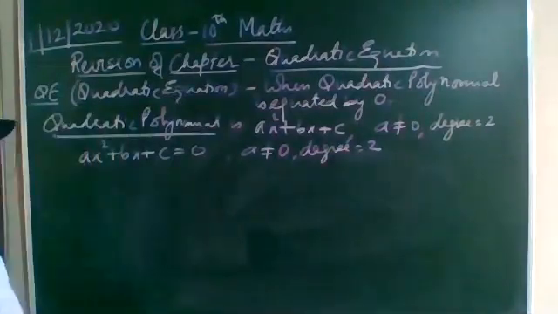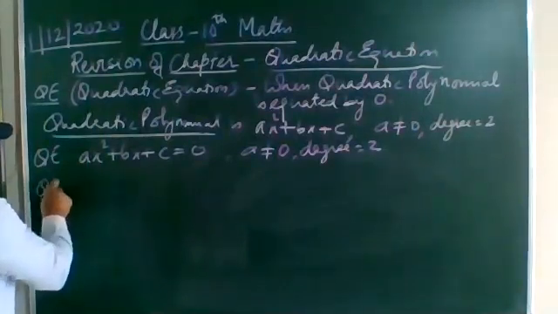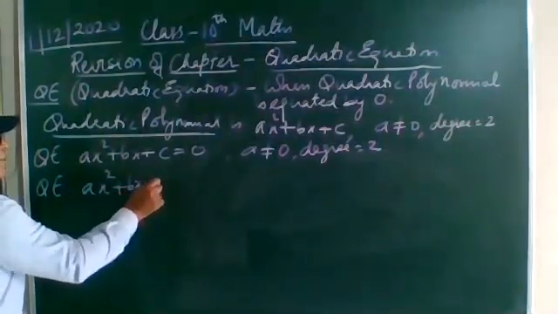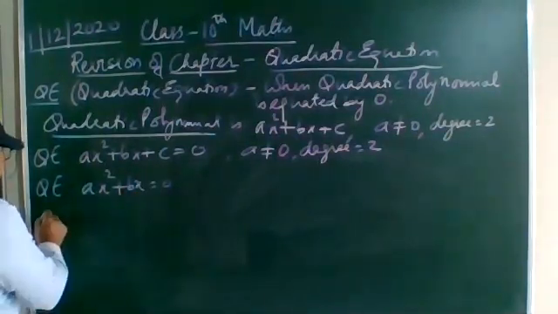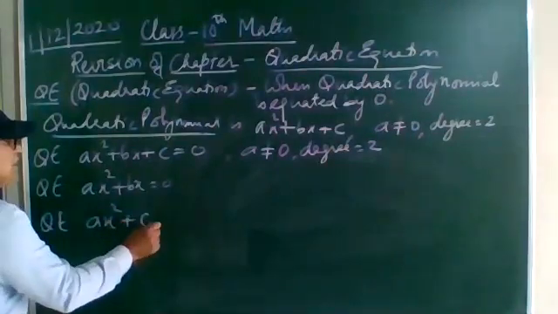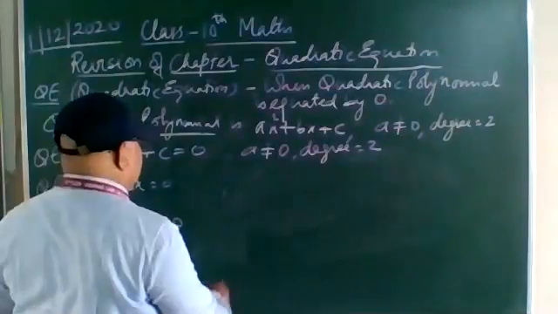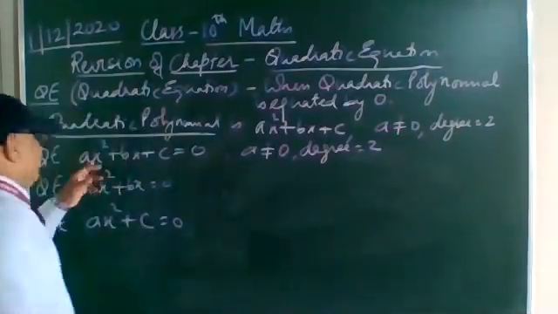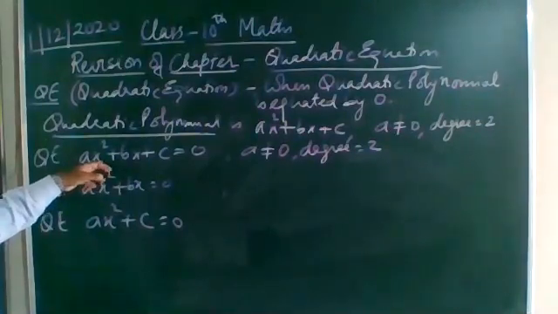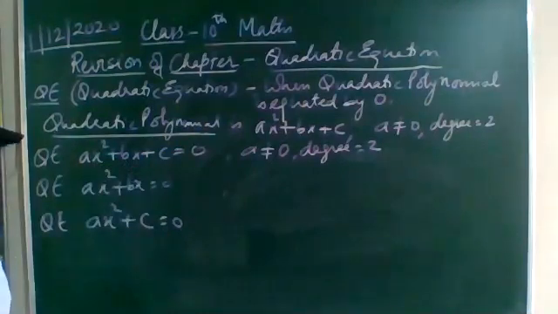Now a is not equal to 0. This is a quadratic equation. This is also a quadratic equation. Quadratic equation ax square plus c equal to 0. All are quadratic equations. But the standard form of a quadratic equation is ax square plus bx plus c equal to 0.